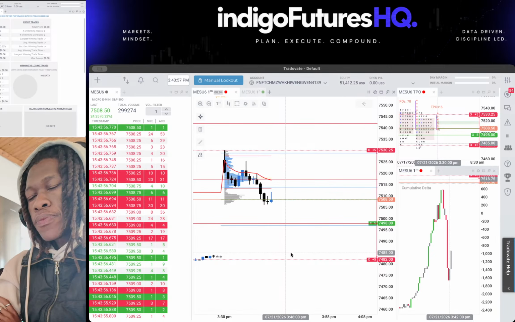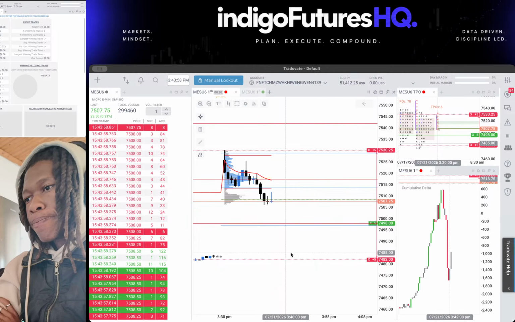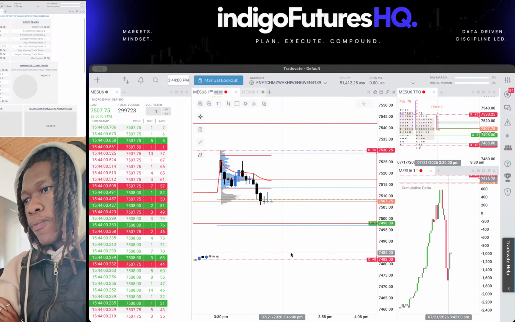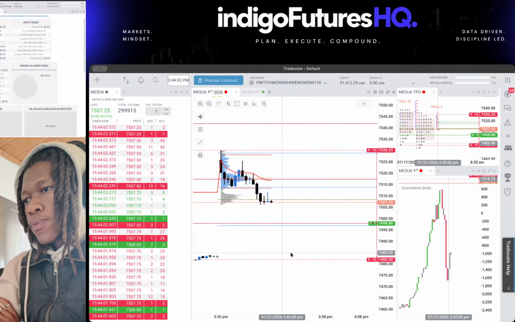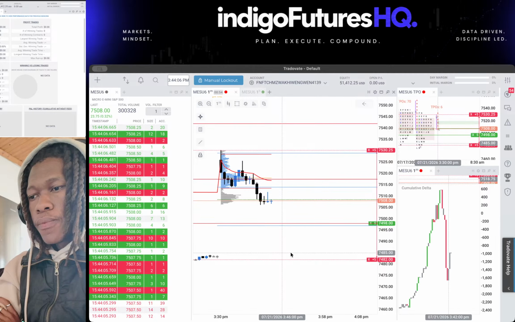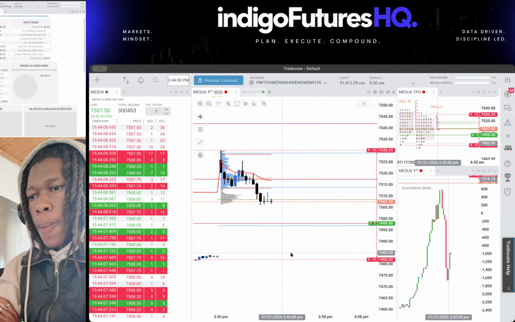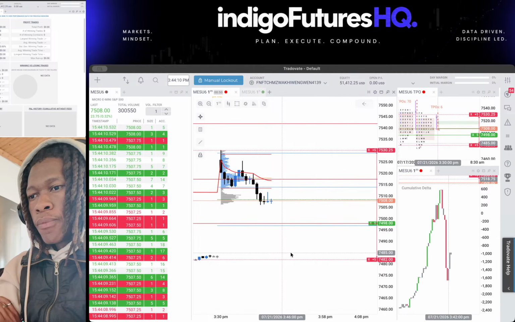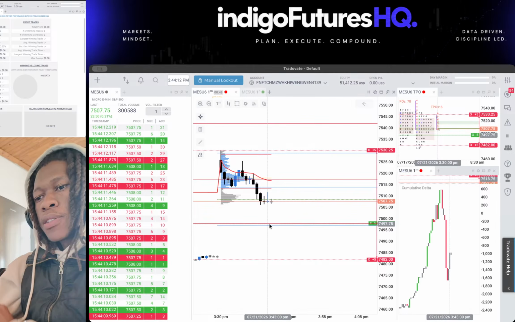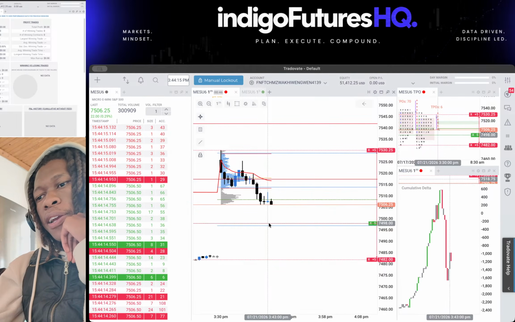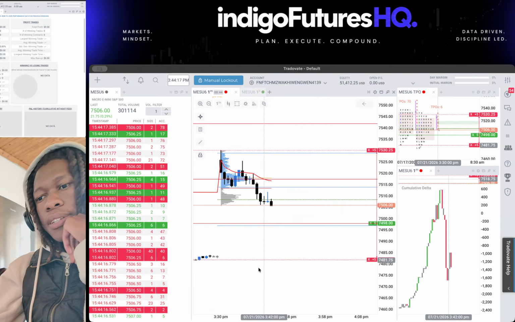Let's just wait and see. Could flush. I mean, honestly, we could get to the previous day value area low, hit that, and just continue lower.